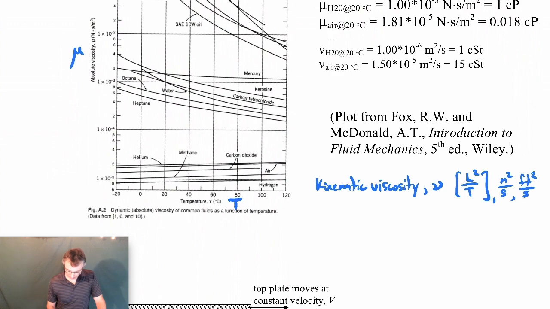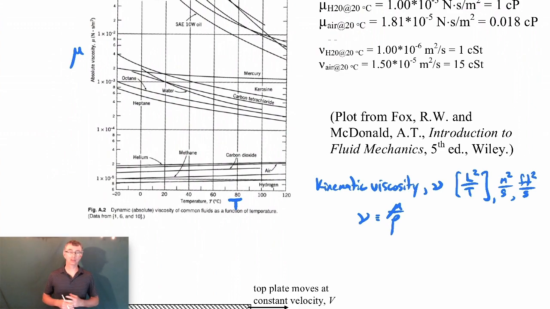And it's defined as the dynamic viscosity over density. When we want to talk about kinematic viscosity, I'll typically say the words kinematic viscosity. If I just say viscosity, I mean dynamic viscosity.